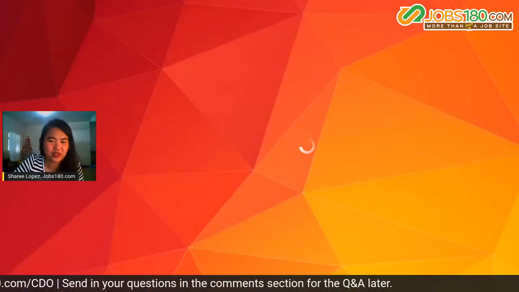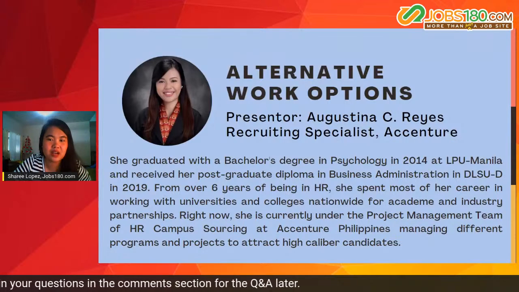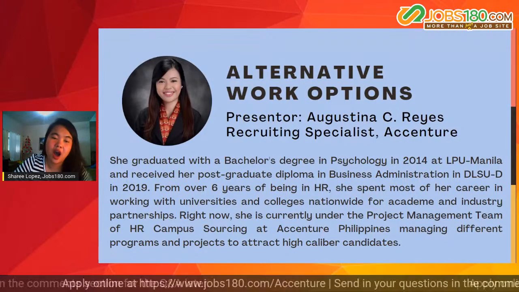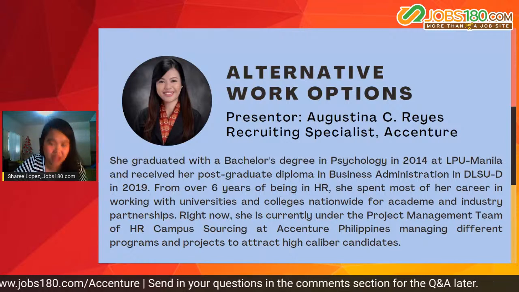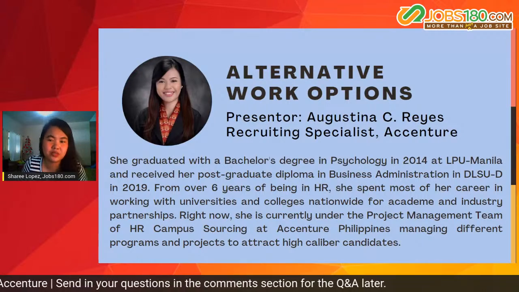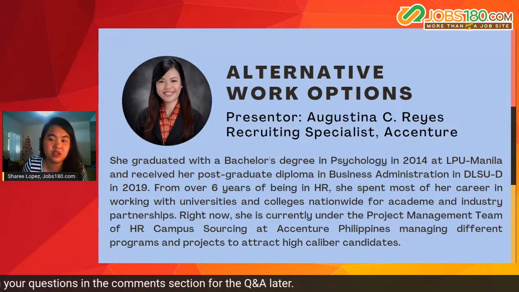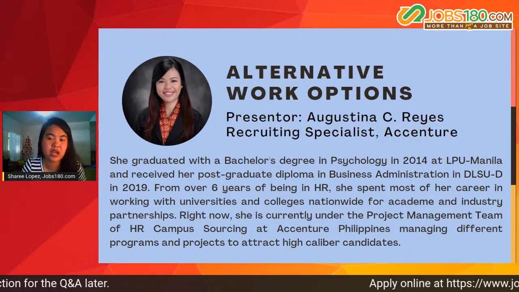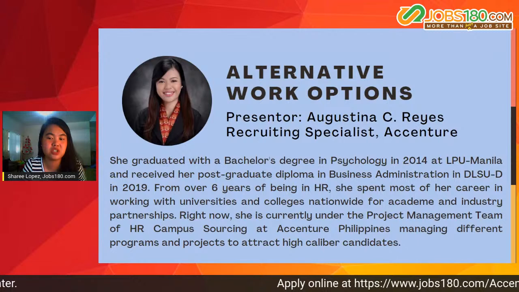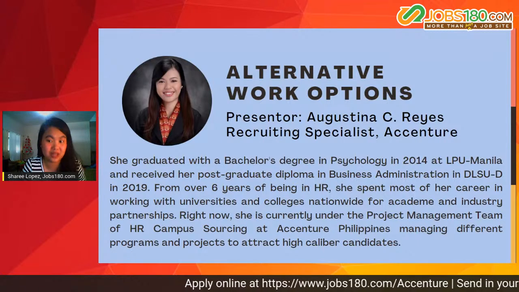So last topic for this afternoon, we have Miss Agustina Agot Reyes discussing alternative work options. She is the recruiting specialist for Accenture. She graduated with a bachelor's degree in psychology in 2014 at LPU Manila and received her postgraduate diploma in business administration in DLSUD in 2019.